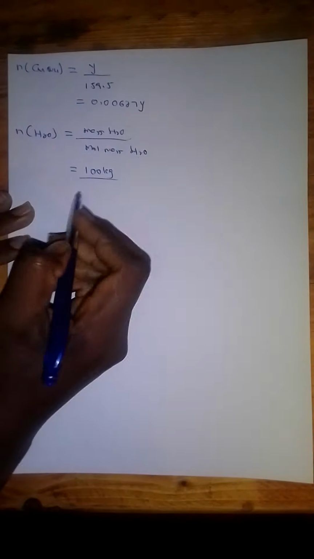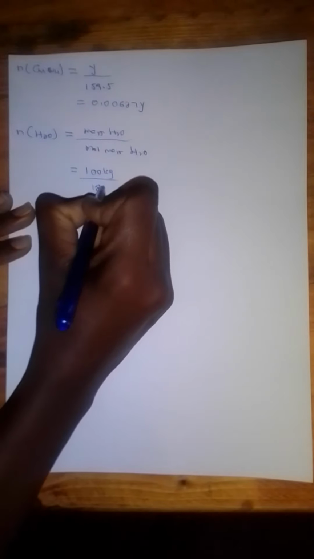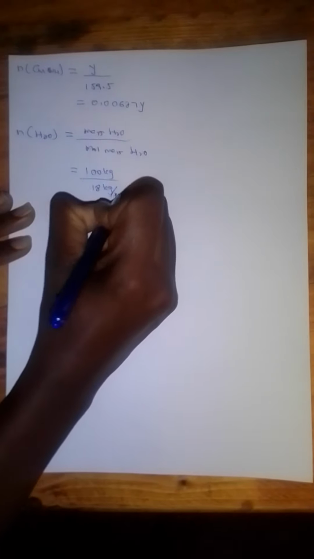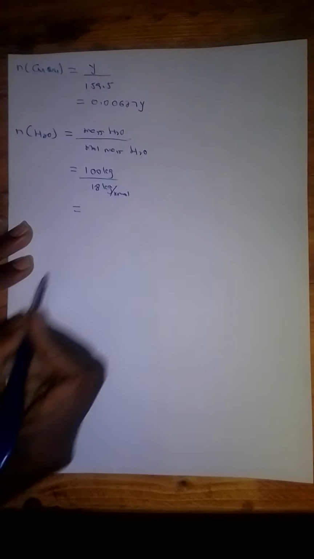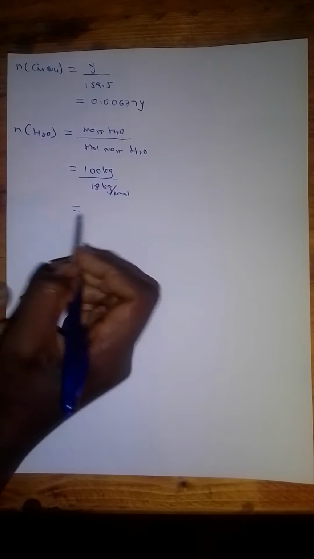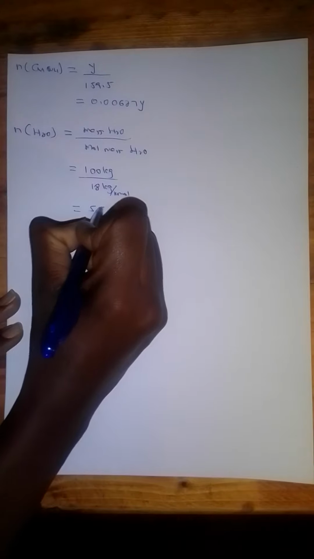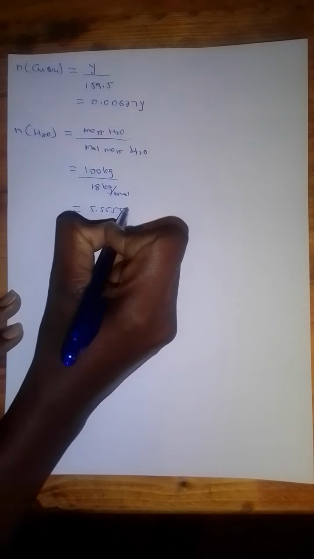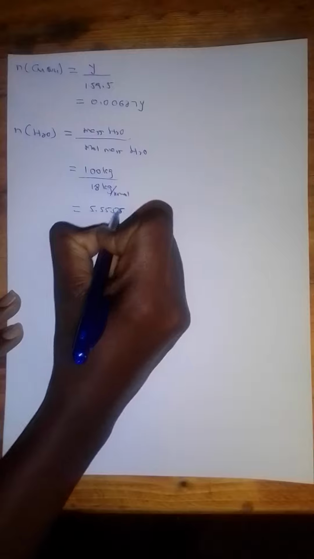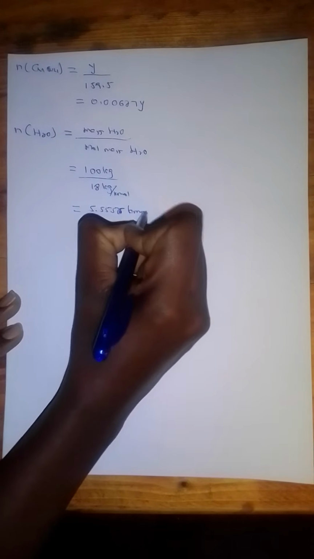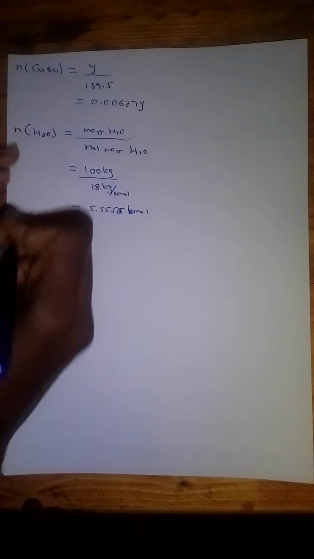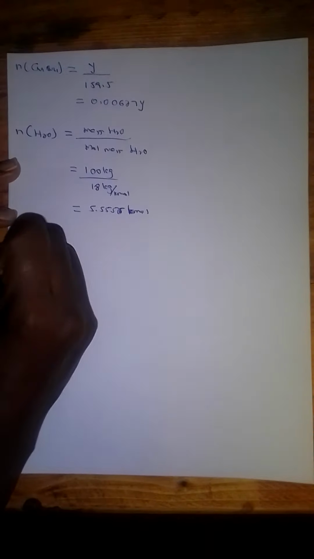The molar mass of H2O is 18 kilograms per kilomole. So if you use a calculator there, it's going to give you 5.5555. We can just say 5.56 kilomole.